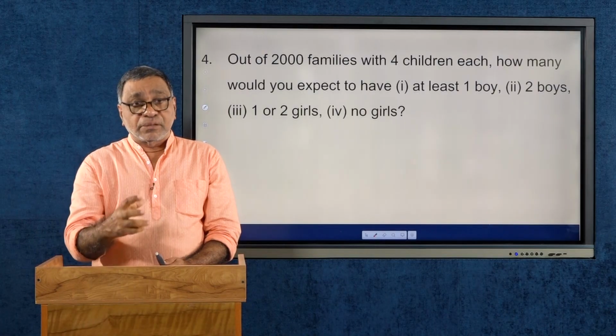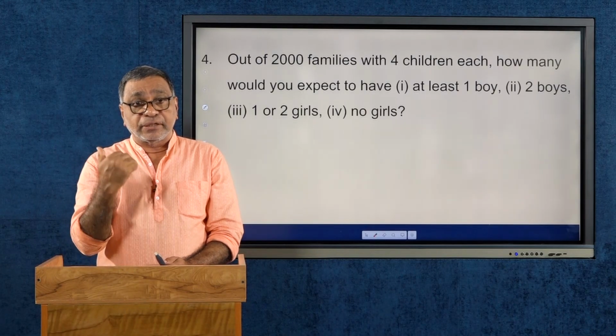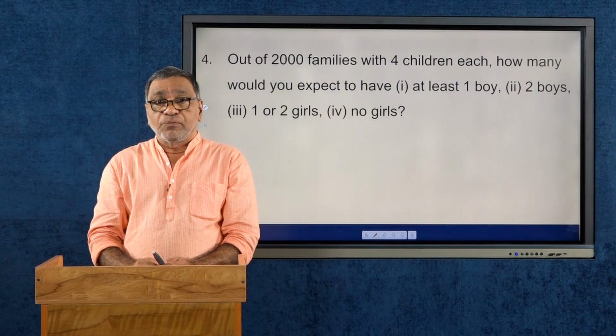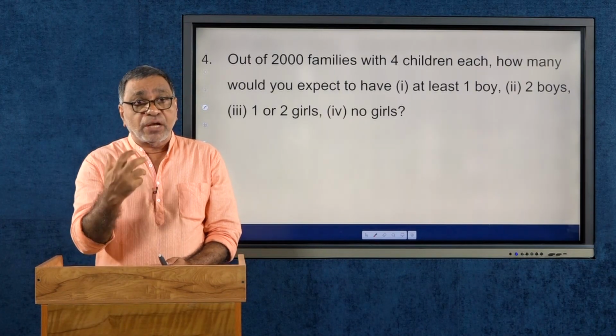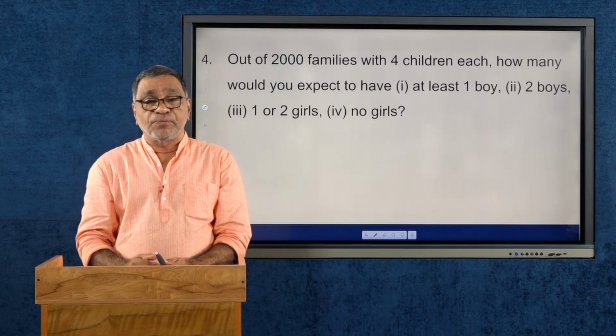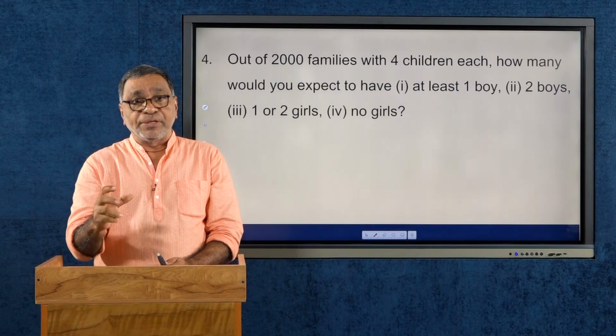Once again, on the basis of certain character of the random experiment, we are trying to find the expected frequencies of certain events.